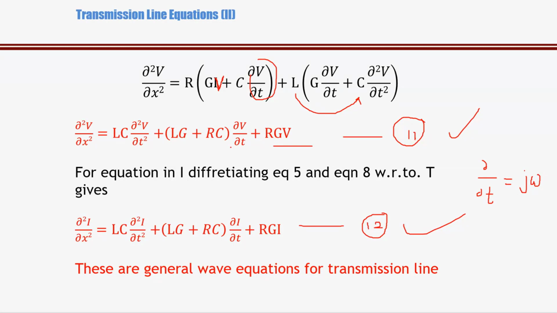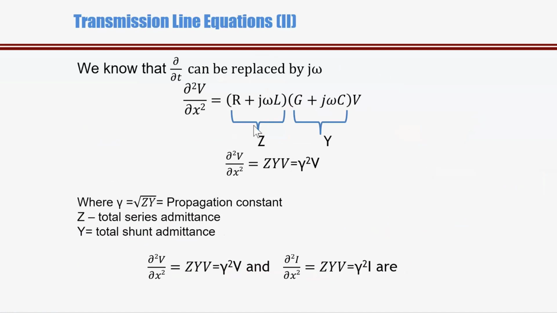Here I can write dou v by dou t as j omega into v. And after replacing dou by dou t by j omega, we get dou 2v by dou x square is equal to r plus j omega L, and in other bracket we will get g plus j omega c into capital V.